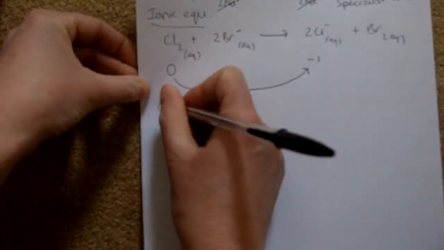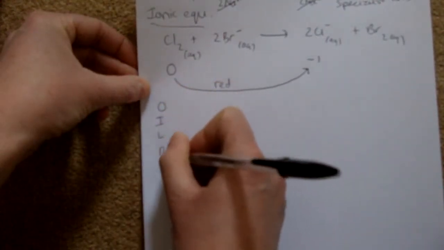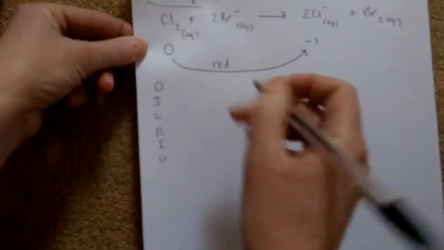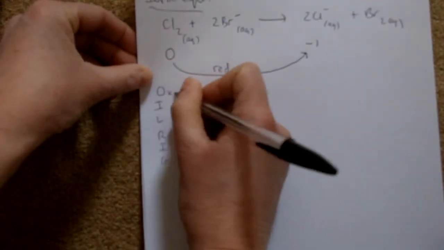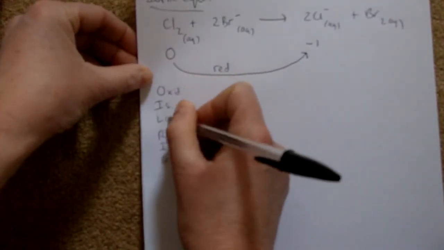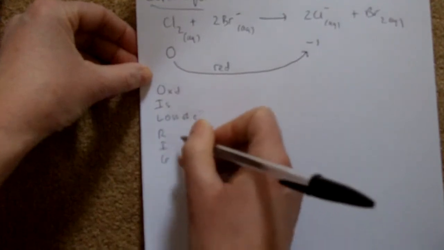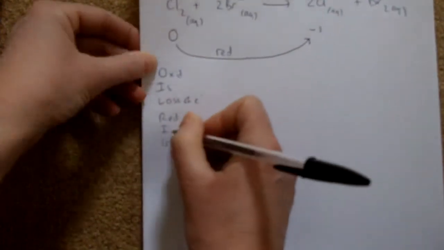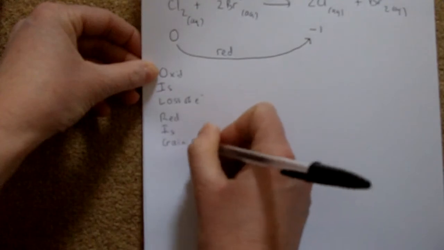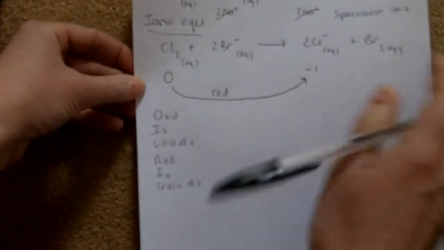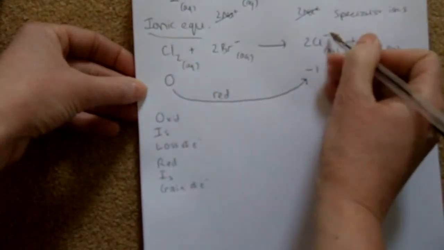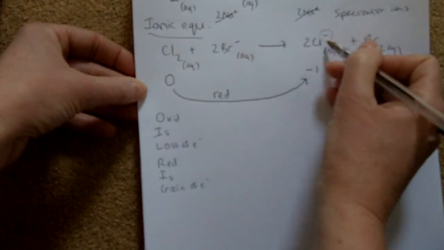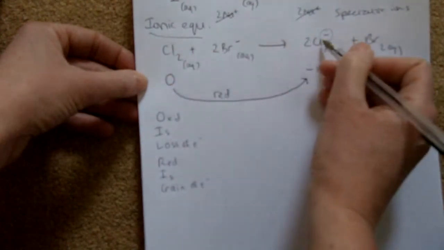And remember the relationship, remember OIL RIG, where oxidation is the loss of electrons and reduction is the gain of electrons. Can you see here that chlorine has actually gained electrons, because it's got no charge and then it's minus.